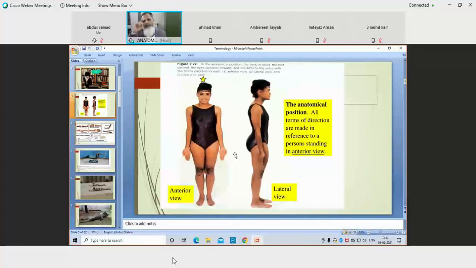So we use the term contralateral here, contralateral hemiplegia, paralysis of the left leg. Understood, sir? Okay, children, with your permission, should I move ahead?